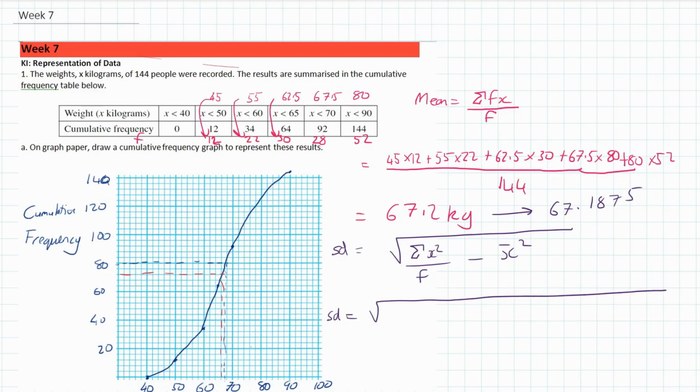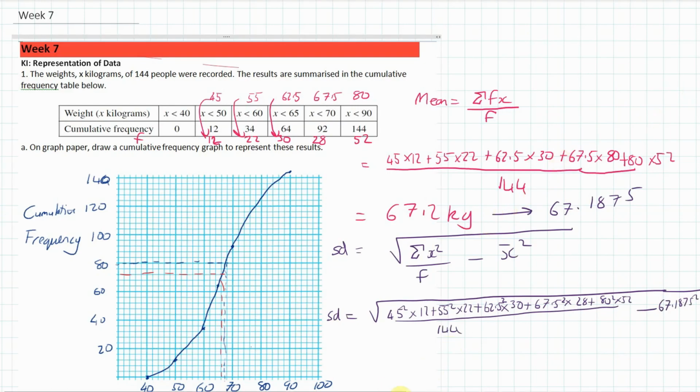Now, we've got 45 squared times 12 plus 55 squared times 22 plus 62.5 squared times 30 plus 67.5 squared times 28, oh, and I should be squaring those numbers, yep, plus 80 squared times 52, and that is all over the 144 minus the mean squared, which is 67.1875 squared. Okay, sorry, that's a real mess.